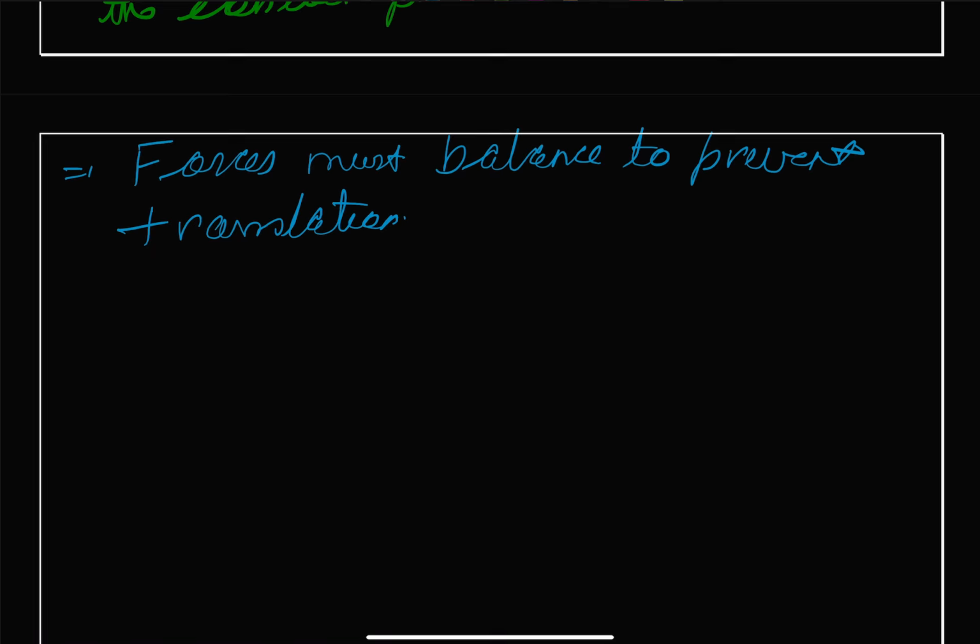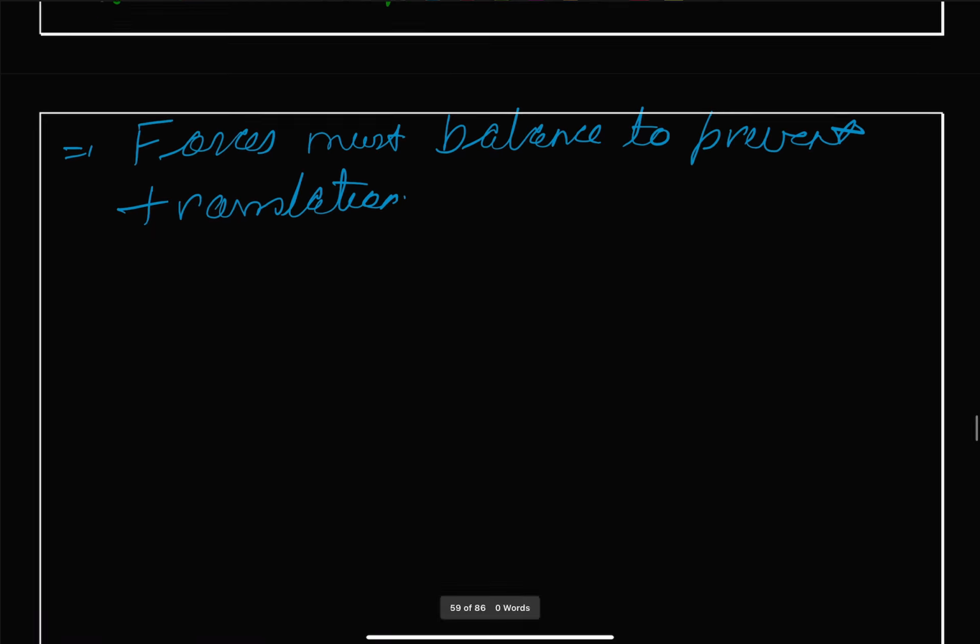So let us consider torque about point A.